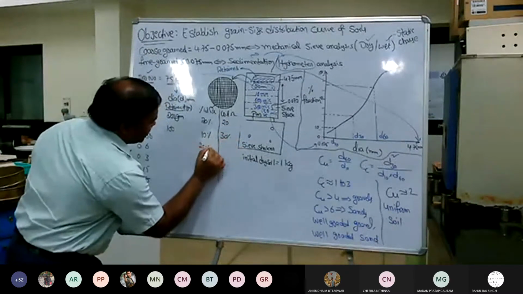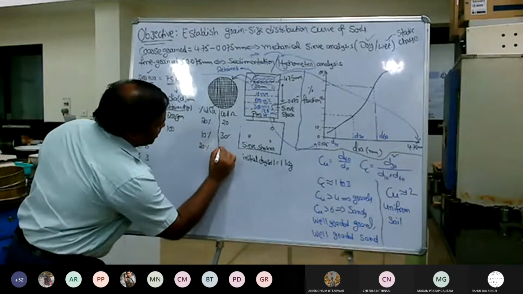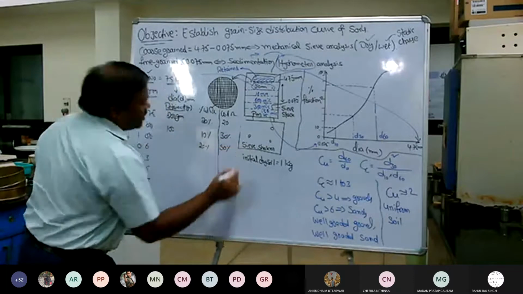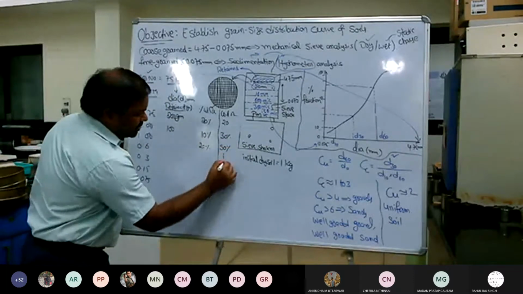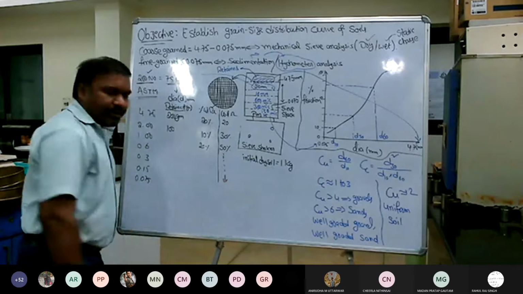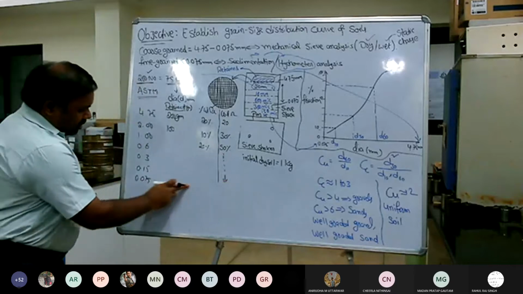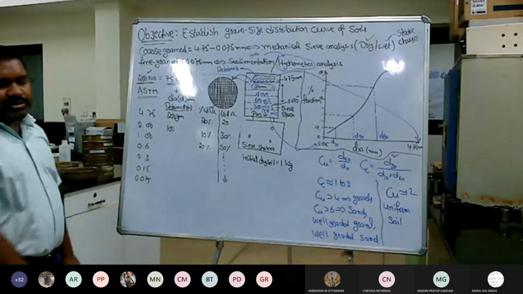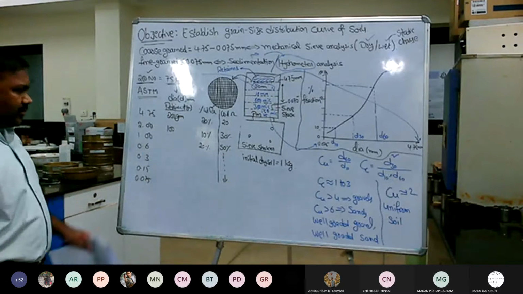Say this is again 20%, so 30 plus 20, this is 50. Like this, so on and so forth. You have to continue until you reach the bottommost sieve size of 0.075 mm.